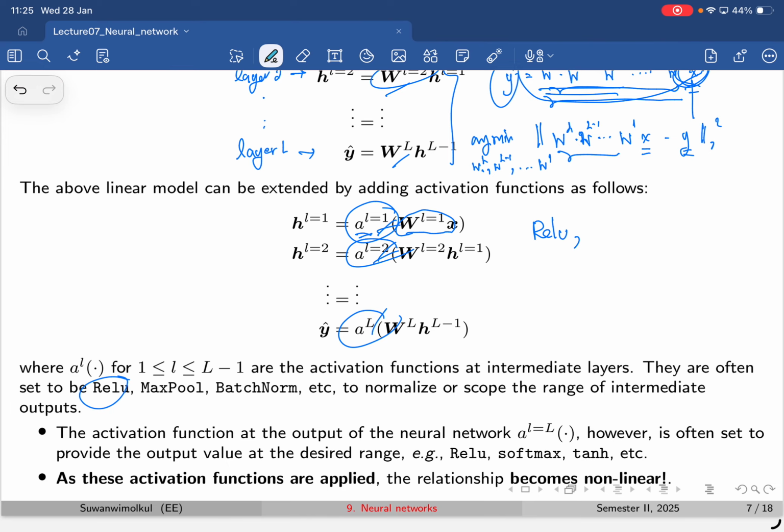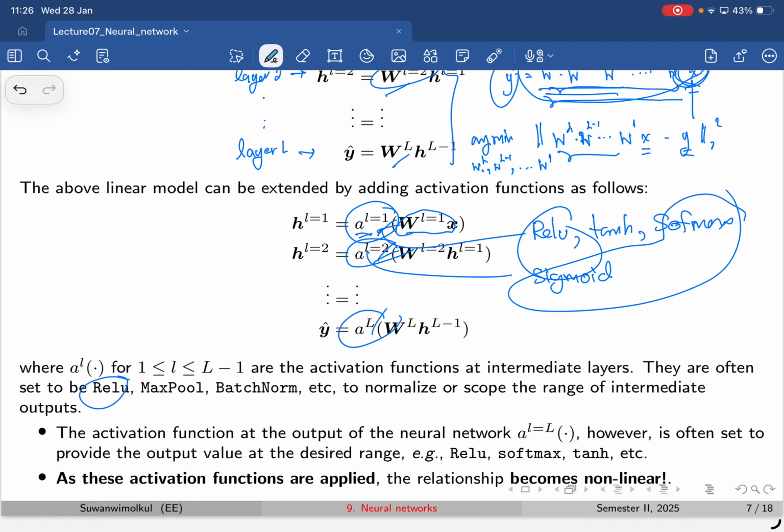Or maybe hyperbolic tan, or maybe softmax, or maybe sigmoid. Okay. All of these could be used. Usually softmax and sigmoid, and actually all of these, could be used as a final layer as well if you want to map the output value to a certain range.